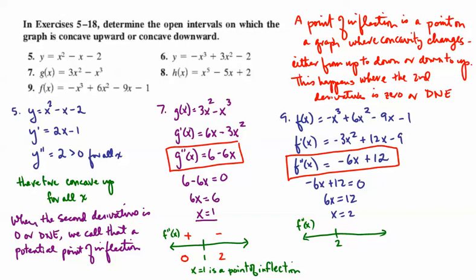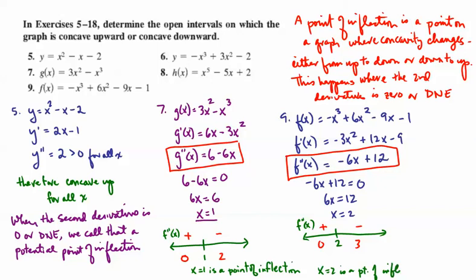That's where we want to substitute a value to the left of 2. 0 is fine. To the right of 2, 3 is fine. When I plug in 0, I get positive. When I plug in 3, negative 18 plus 12, I get negative. So therefore, let me just make a note here, because this particular question is not asking about points of inflection. Future questions will. I'll still write here x equal 2 is a point of inflection.